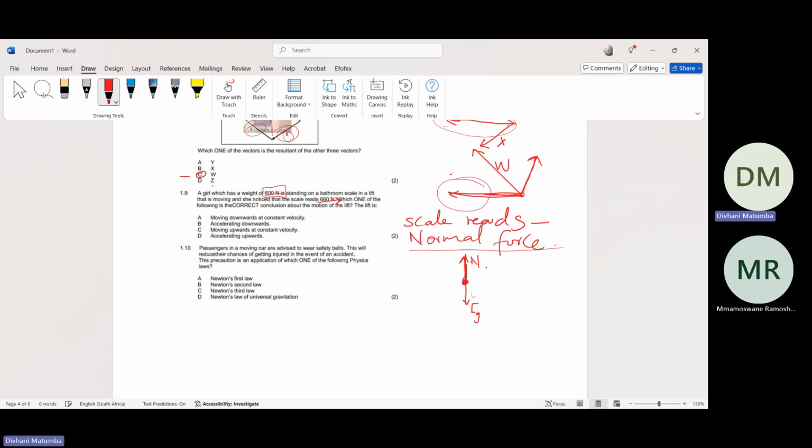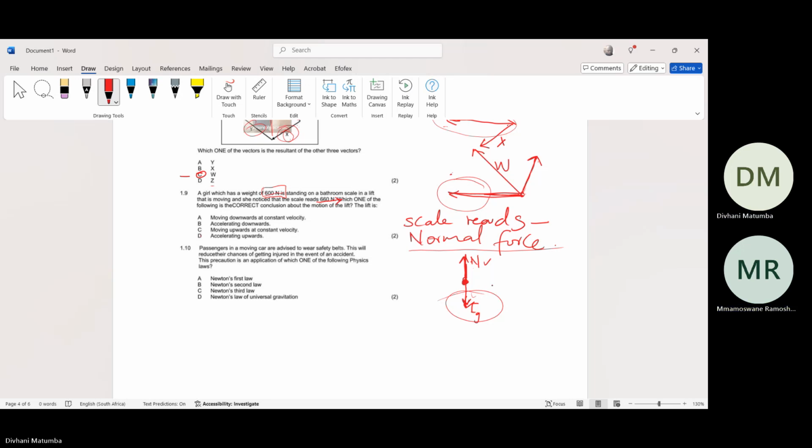Which one is bigger in order for your object to be going down? Is it not the force of gravity? Yes, that is the big one.